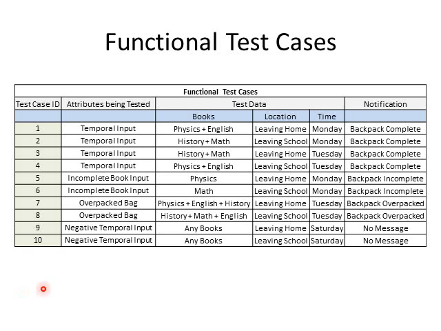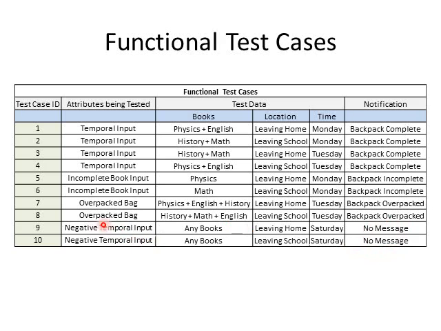Now, in order to test my decision subsystem, I have to use a test case scenario table. I need to test the temporal inputs, the incomplete book input, the overpacked backpack input, and the negative temporal input. Which means I need to check that if I shuffle around my books on a Saturday, there should be no message sent.